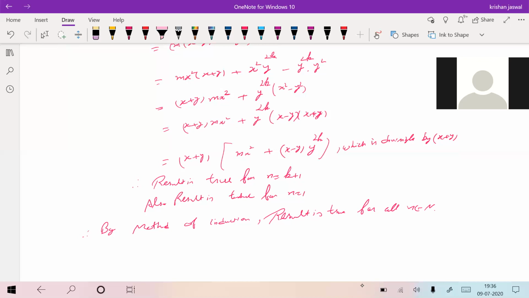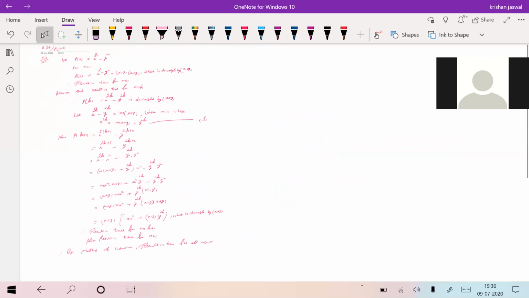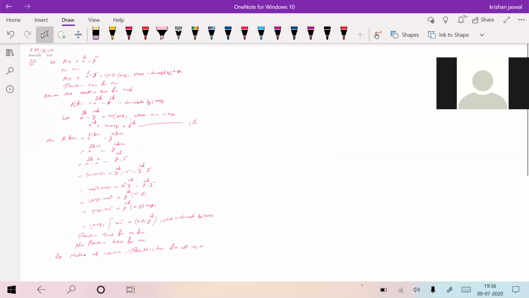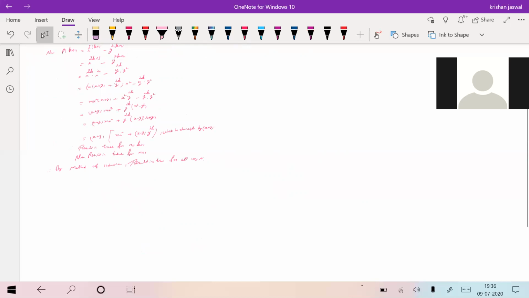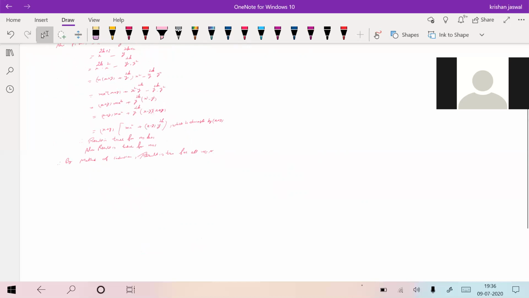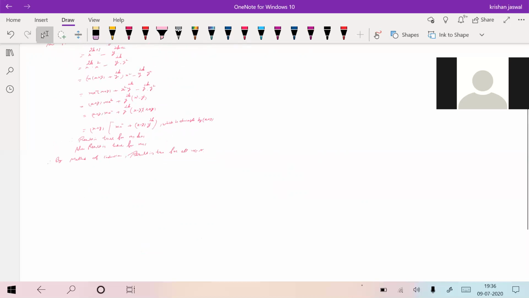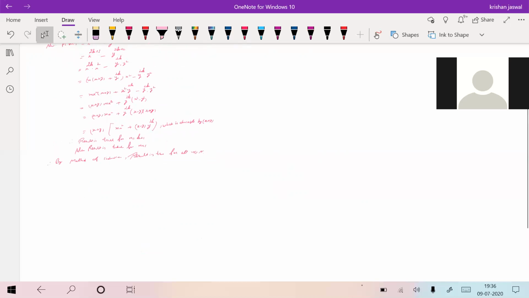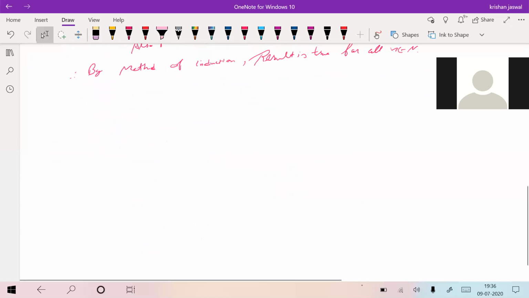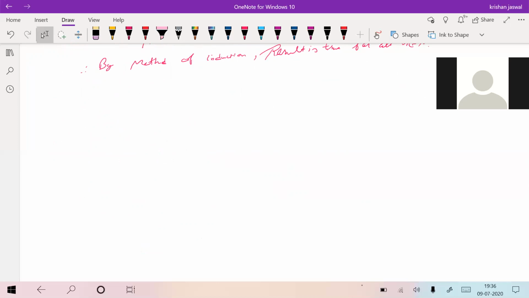Now, example number 10. Use the principle of mathematical induction to prove that n into n plus 1 into n plus 5 is a multiple of 3.